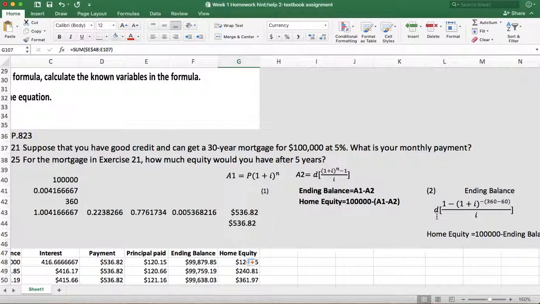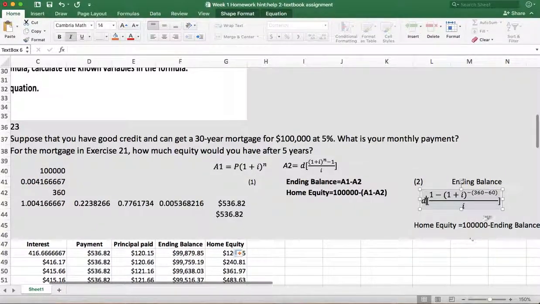So you just plug in the numbers. D is 336.82, I is the monthly interest rate, and N is 360 minus 60. You get the ending balance.